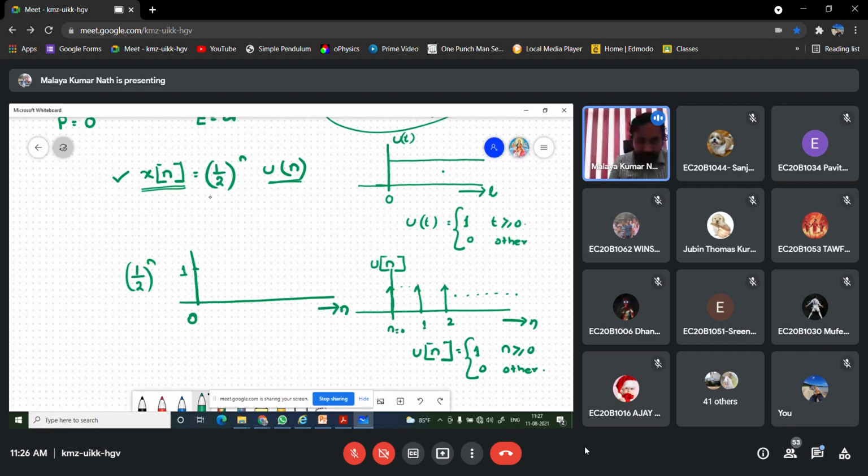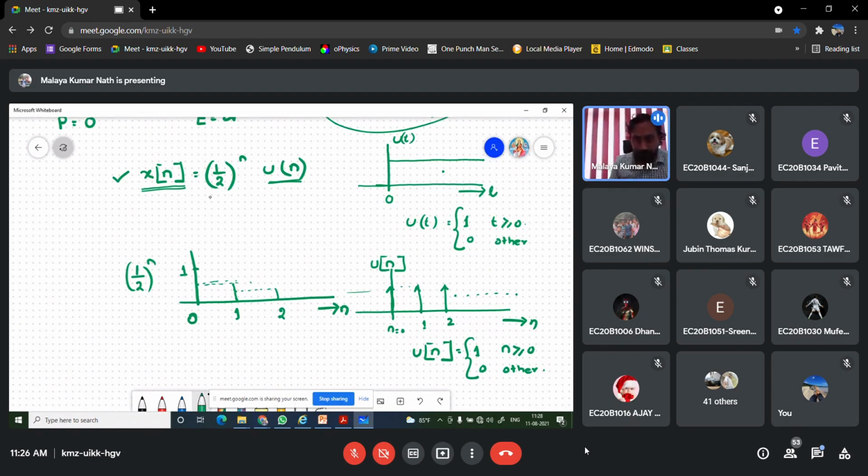For n equal to 1, it is half. For n equal to 2, it is 1 by 4. For n equal to 3, it is 1 by 8. So like this, it is a decreasing value. Are you getting my point? Anybody has any doubt? Please tell me.